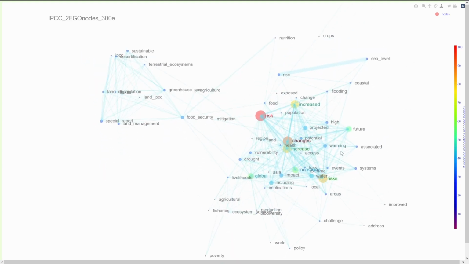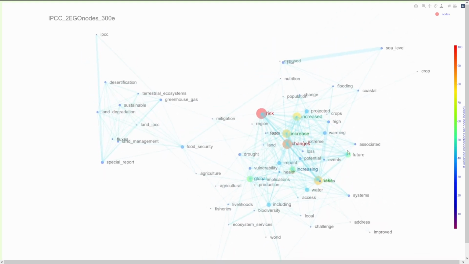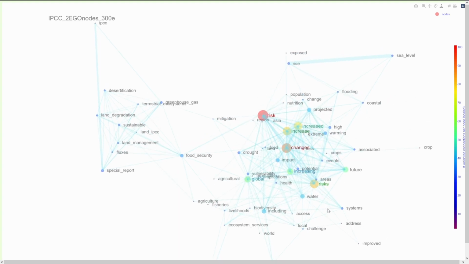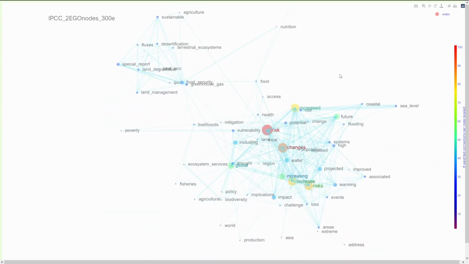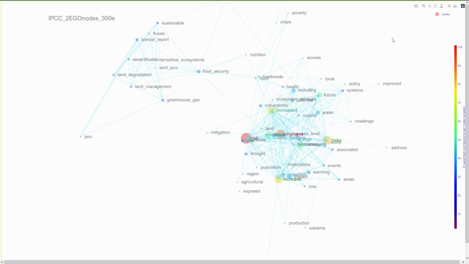And you can see all the different changes, risks, extreme weather conditions, impact on health, whatsoever, how it is connected. I think this gives you a good idea, a good feeling if you want to dive right into this.